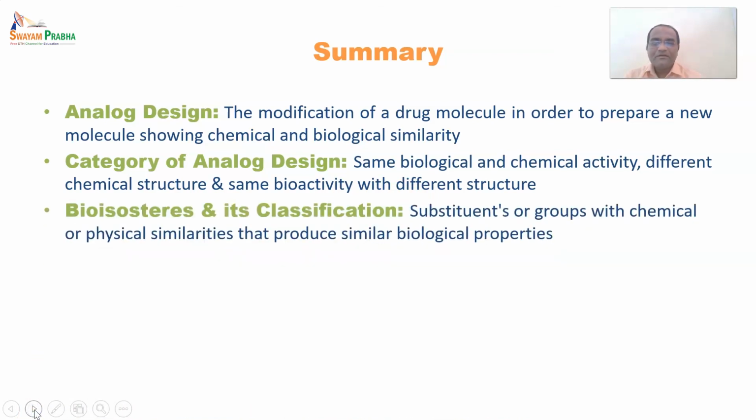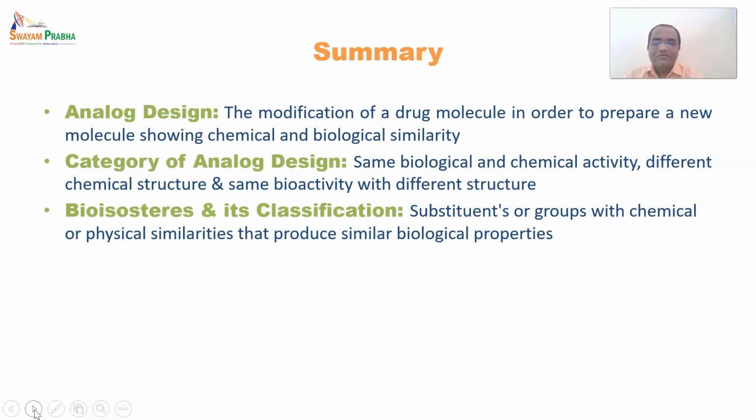After that, we have seen the concept of bioisosteres and their classification. Bioisosteres are substituents or groups with chemical or physical similarities that produce similar biological effects. We discussed the example of fluoroquinolone, where hydrogen was replaced by fluorine, due to which lipophilicity of the molecule increased and activity of the molecule also increased.